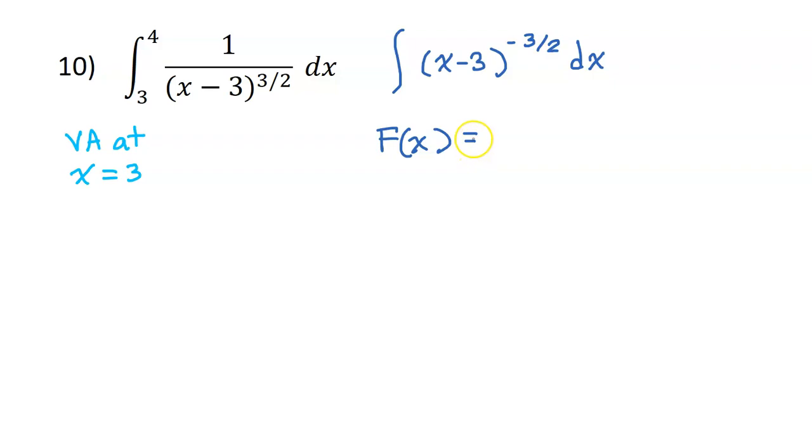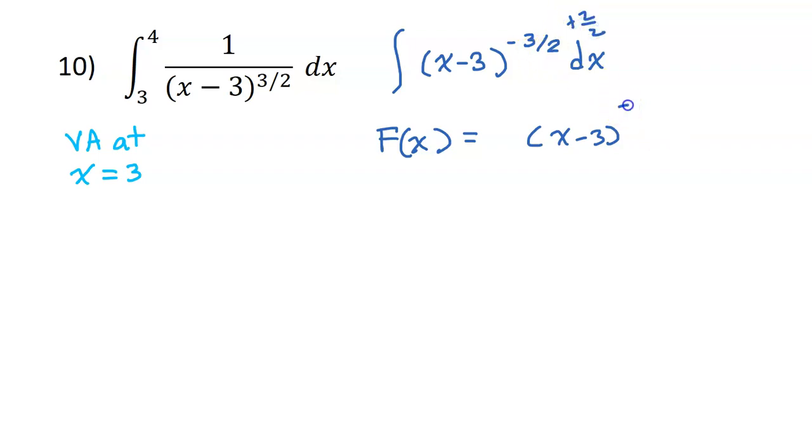To find the antiderivative, technically I am doing a mental u substitution. If u is x minus 3, then u prime is 1. We always have to divide by u prime, but dividing by 1 changes nothing. So we can just use the power rule of integration here. Adding 1 to this exponent, so I'm adding 2 over 2.